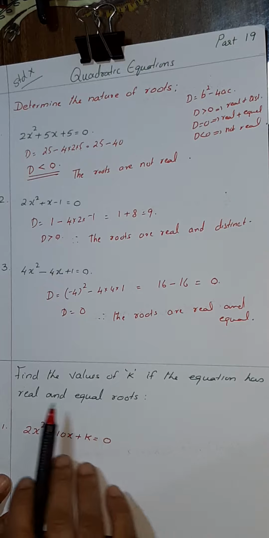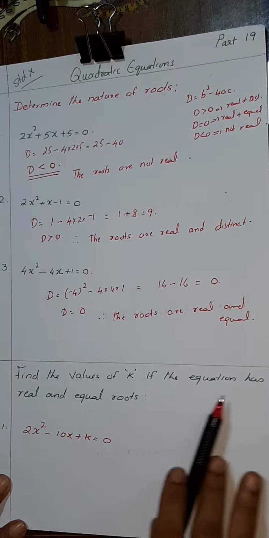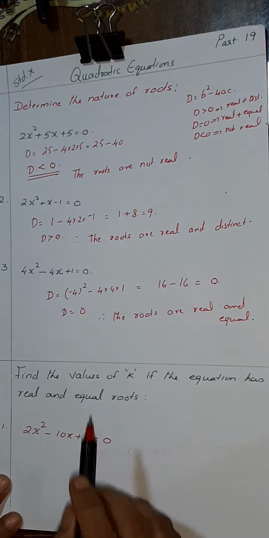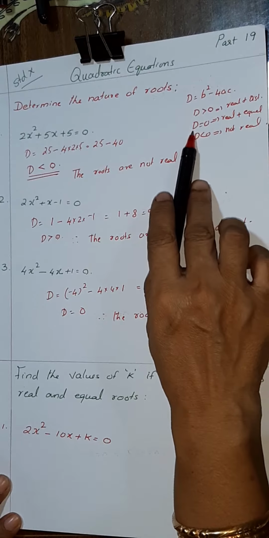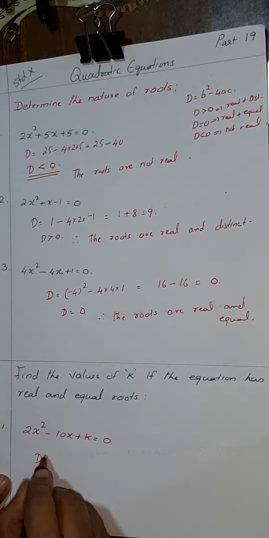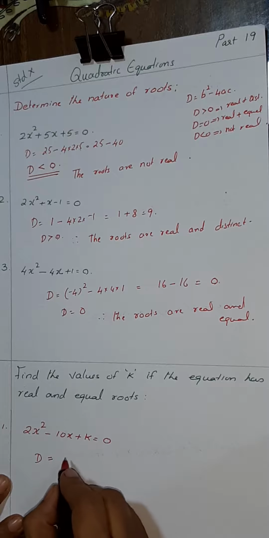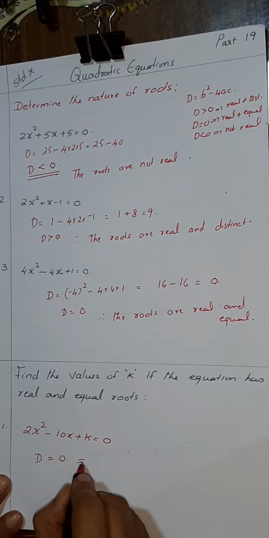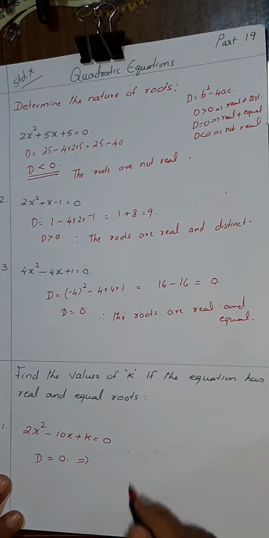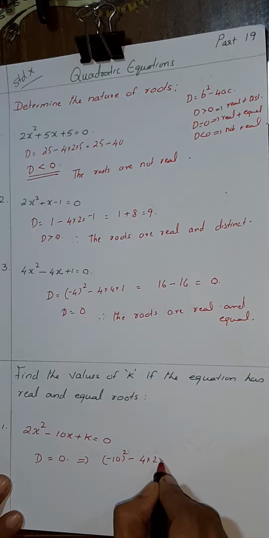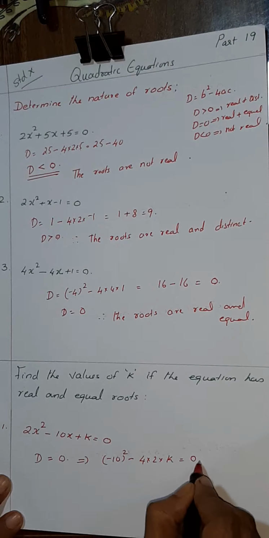Now here in these questions we have to find the value of k. The condition is given, the roots are real and equal. So if the roots are real and equal, d equal to 0. So we will find d, and it has to be 0. That is b squared, minus 10 the whole squared, minus 4 into 2 into k equal to 0.